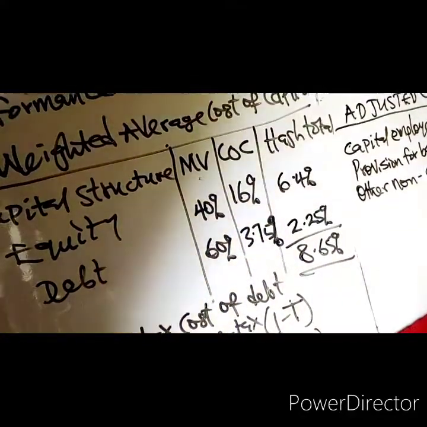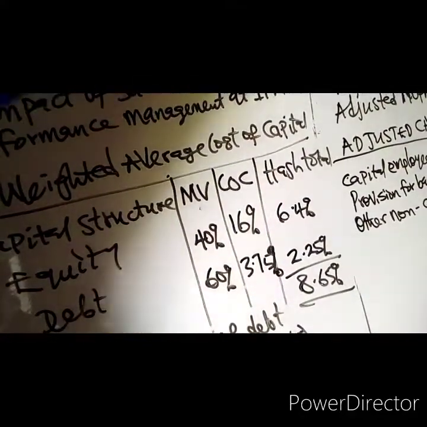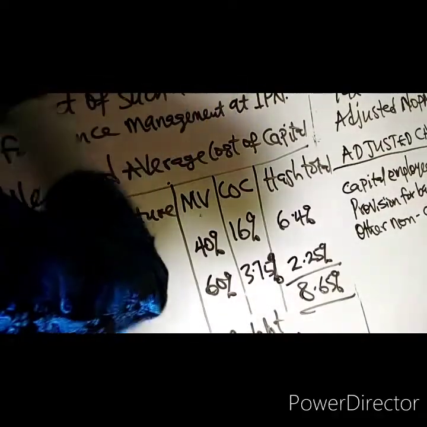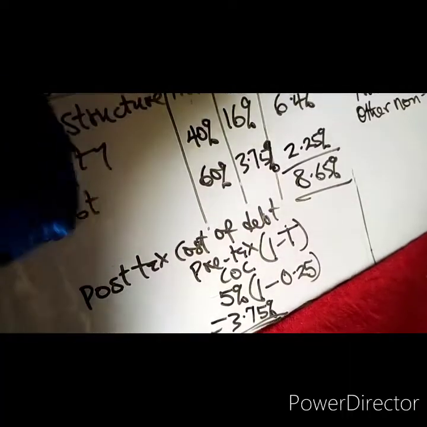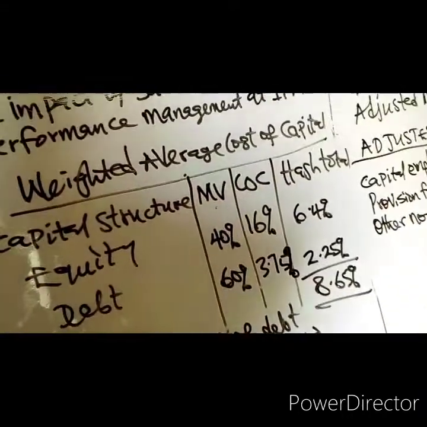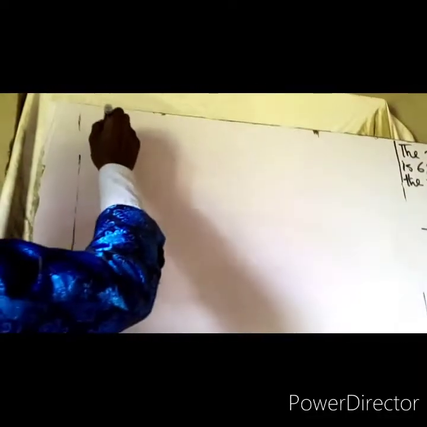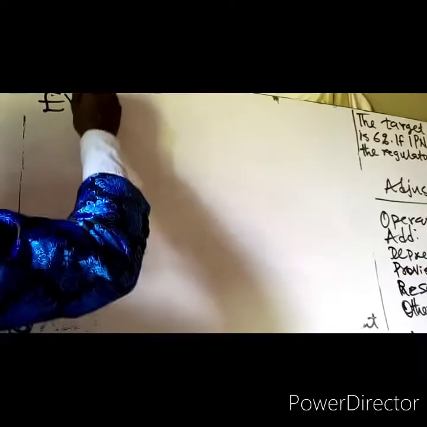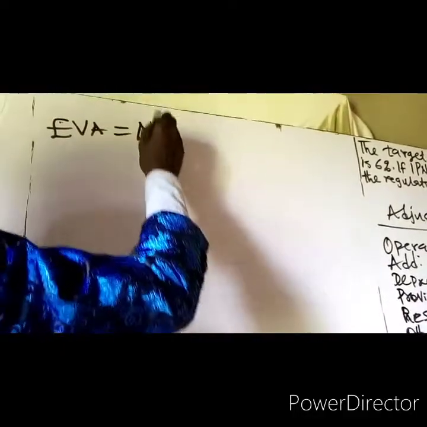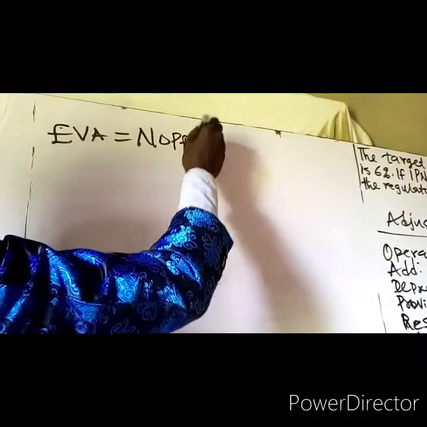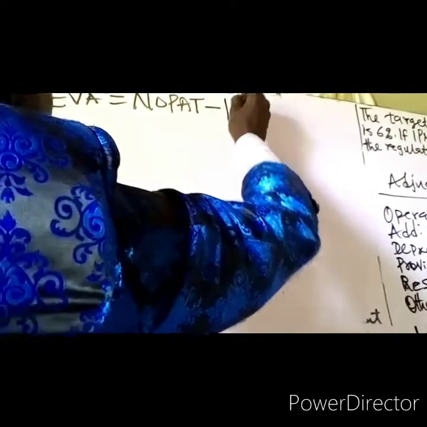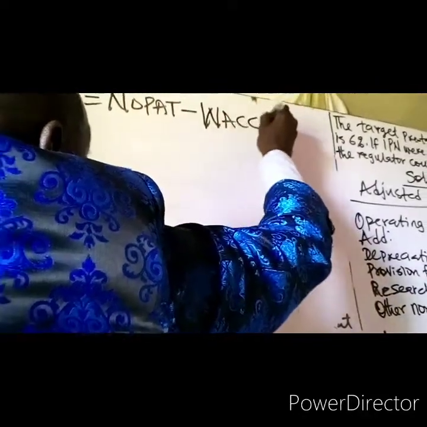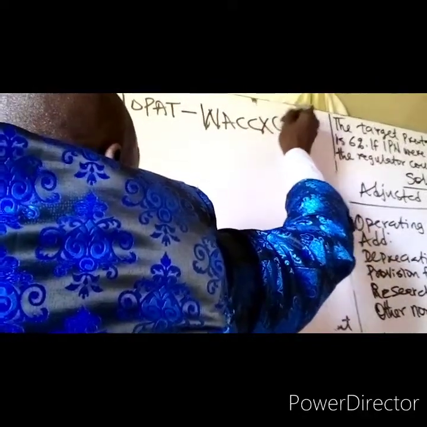Then we've computed the WACC. We've known our NOPAT, and we've equally known our capital employed. Therefore, EVA is the adjusted NOPAT minus the weighted average cost of capital times capital employed.